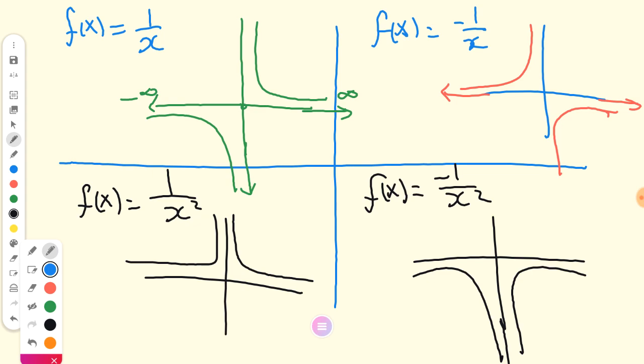The function is increasing if as x goes to the right, y goes up. Look at this one, for example. This means increasing on the interval from negative infinity to 0, because the function is undefined at 0.